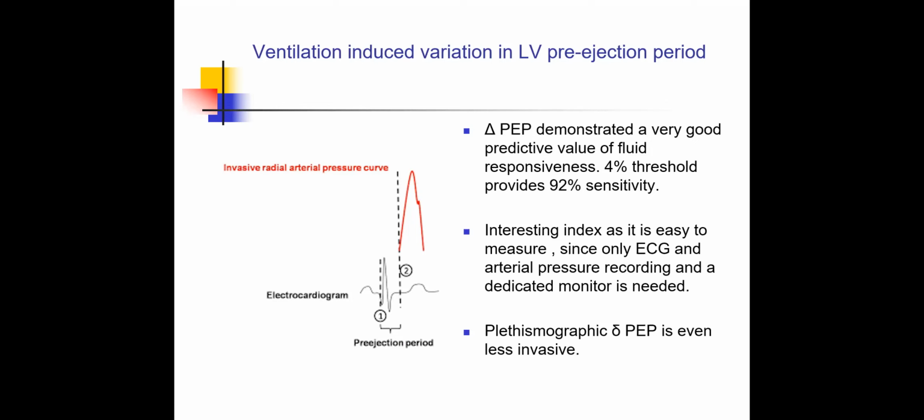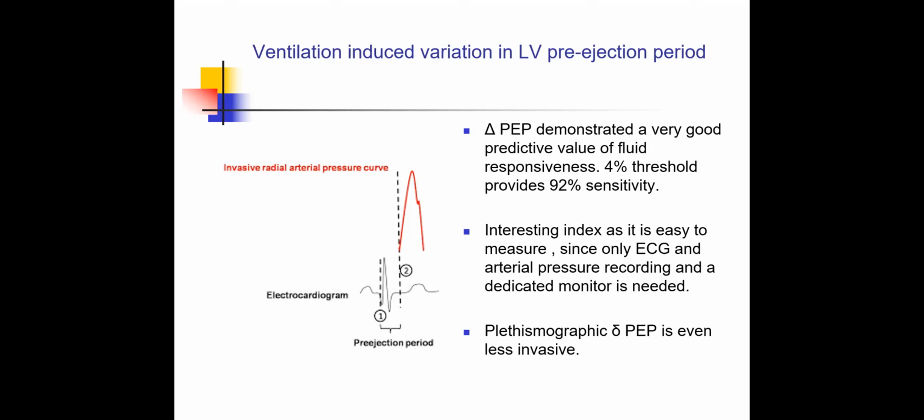The variation threshold is 4% and sensitivity is 92%, right? So that variation under the influence of mechanical ventilation predicts fluid responsiveness.